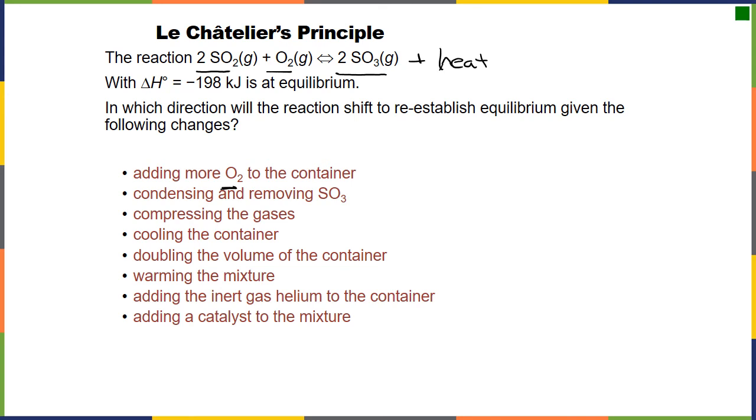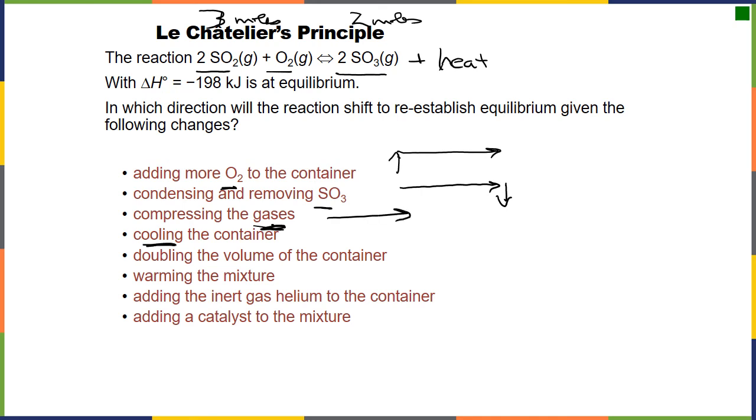If I add more oxygen, oxygen is a reactant, so if I add a reactant, it's going to shift towards products. If I remove SO3, SO3 is a product, my SO3 contents go down, and I'm going to shift towards products. If I compress it, I'm going to go from 3 moles of gas to 2 moles of gas, and it's going to shift to the side of fewer moles, the product.